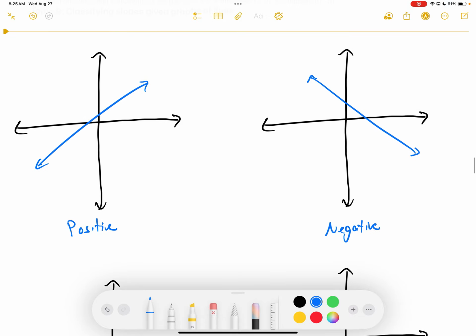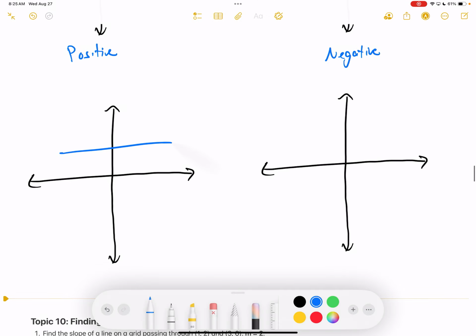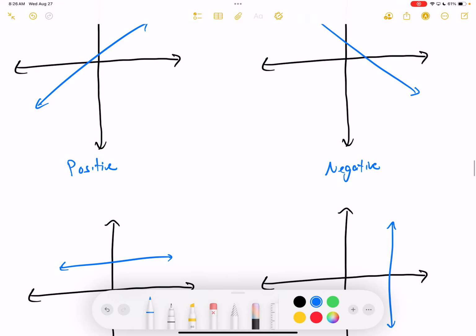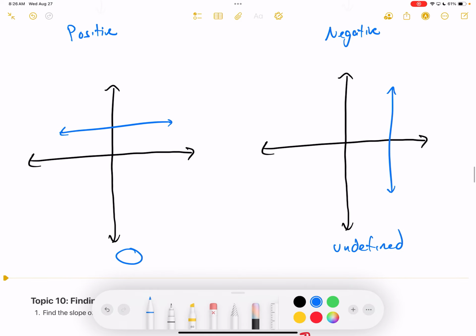So you have that kind of terminology. And then you've got a horizontal line where the slope is 0 and a vertical line where the slope is undefined. So those are the 4 different types of slope that you see.